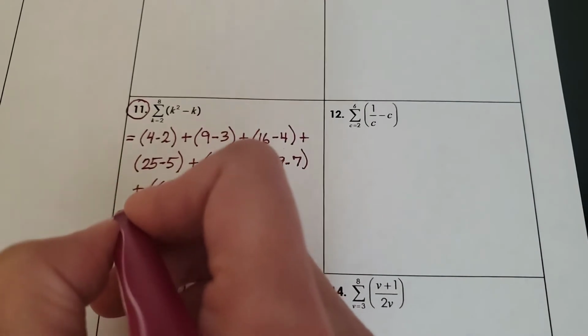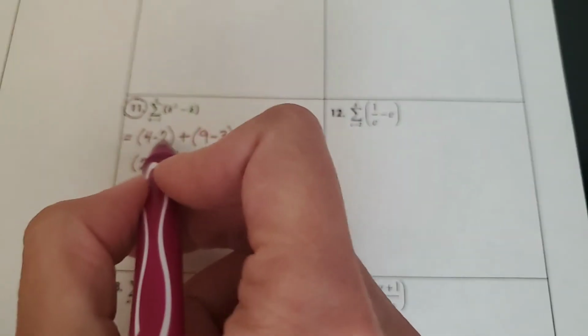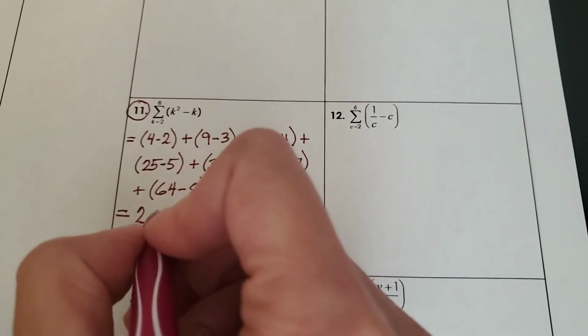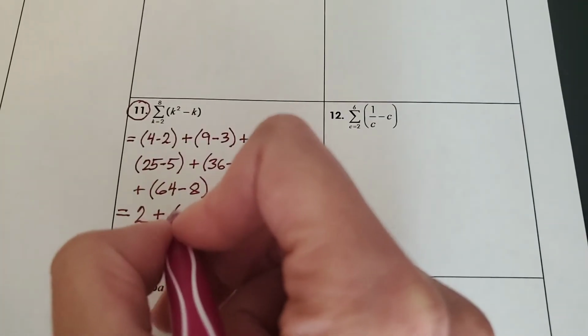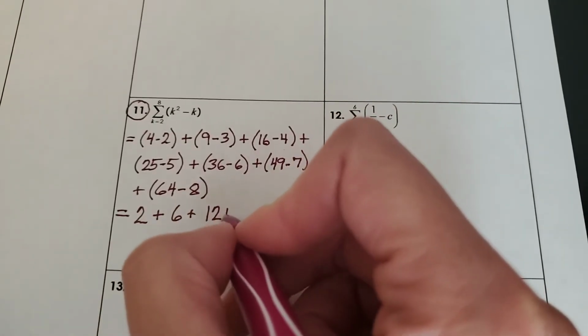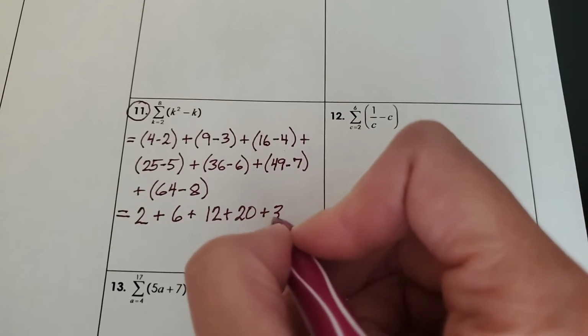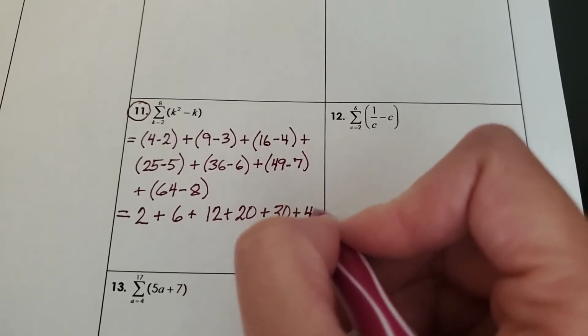All right, and I'm just going to do a little simplifying because I think this is actually kind of interesting. This is 2. This is 6. This is 12 plus 20 plus 30 plus 42.